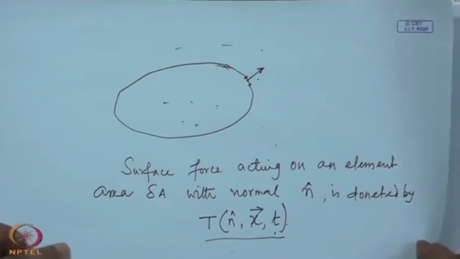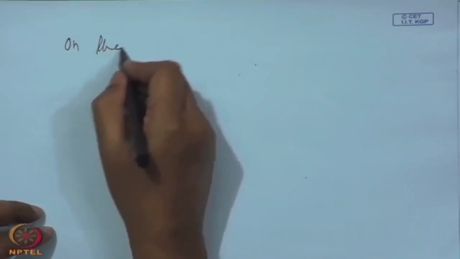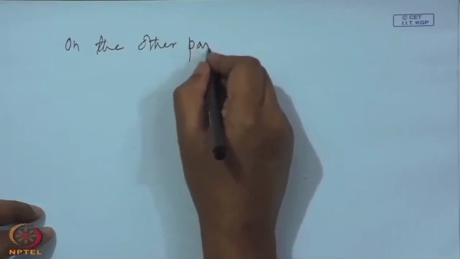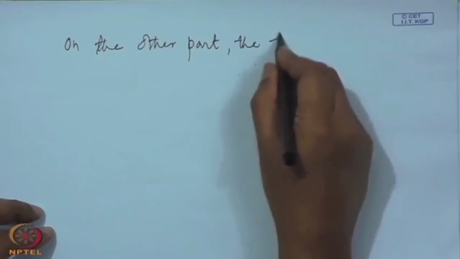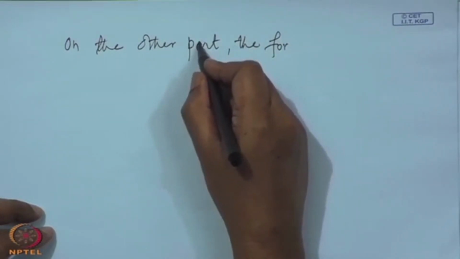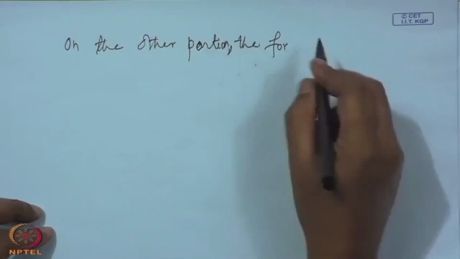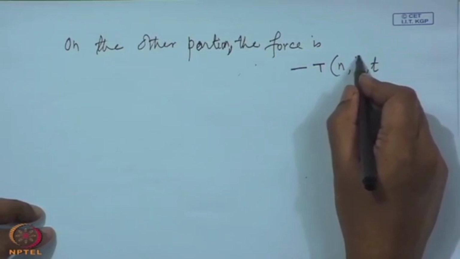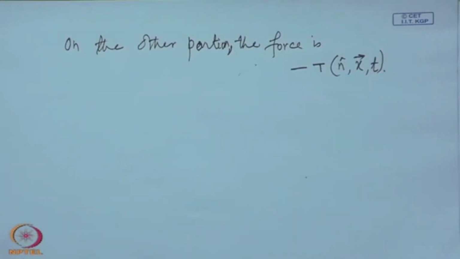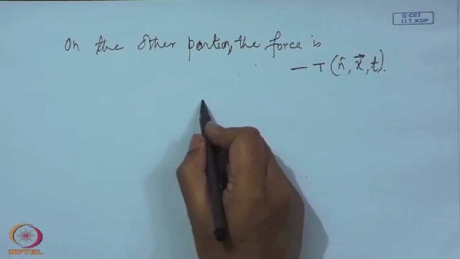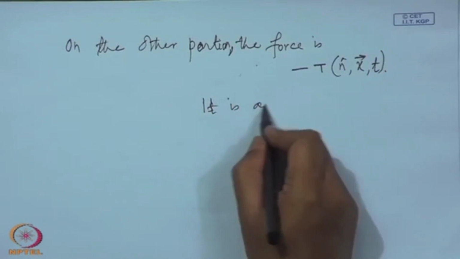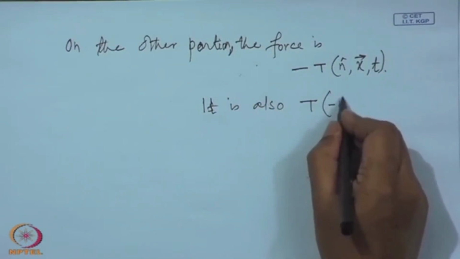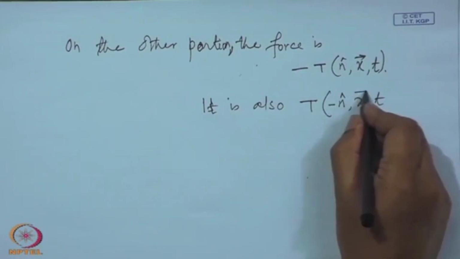So, on the other part, T, by the definition of this symbol, can't we write that it is also this?